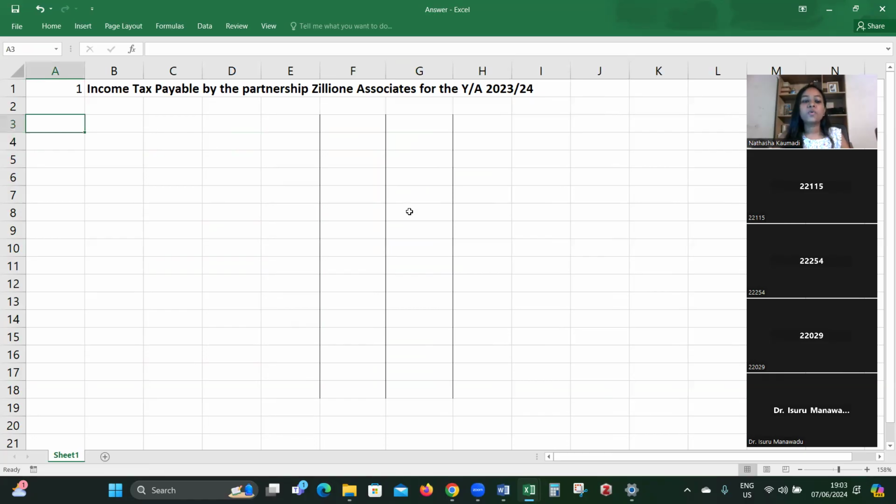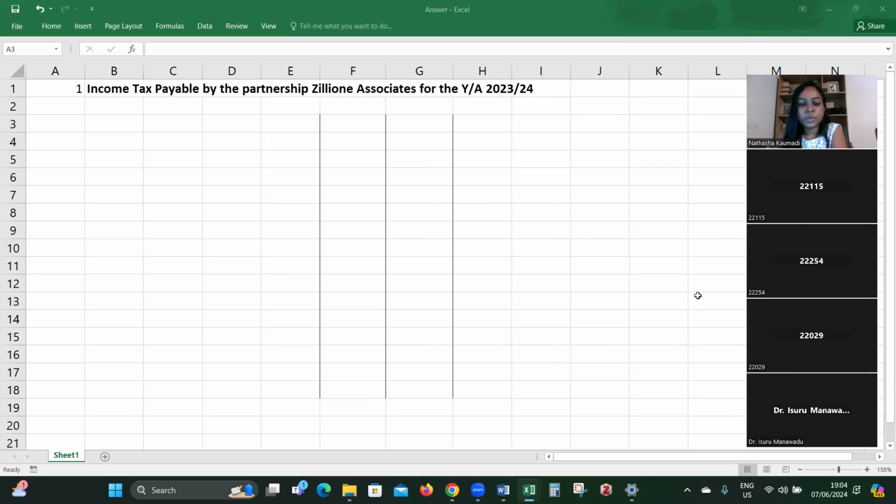Okay. Now, when we are computing individual taxation or company taxation or whatever the taxation, we have to think about the four sources of income, right? What are the four sources of income? What are the four sources? You can unmute yourself so you can use the chat box.